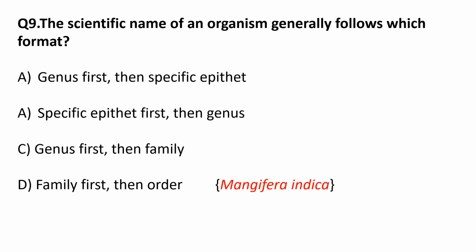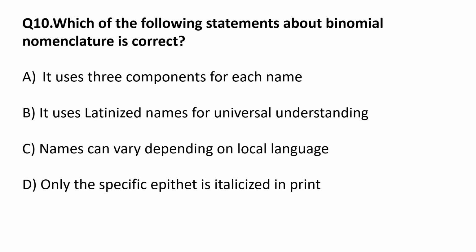The scientific name of an organism generally follows which format? It follows genus first, then the specific epithet. Example: Mangifera is the genus, indica is the specific epithet. Which of the following statements about binomial nomenclature is correct? It uses Latinized names for universal understanding.